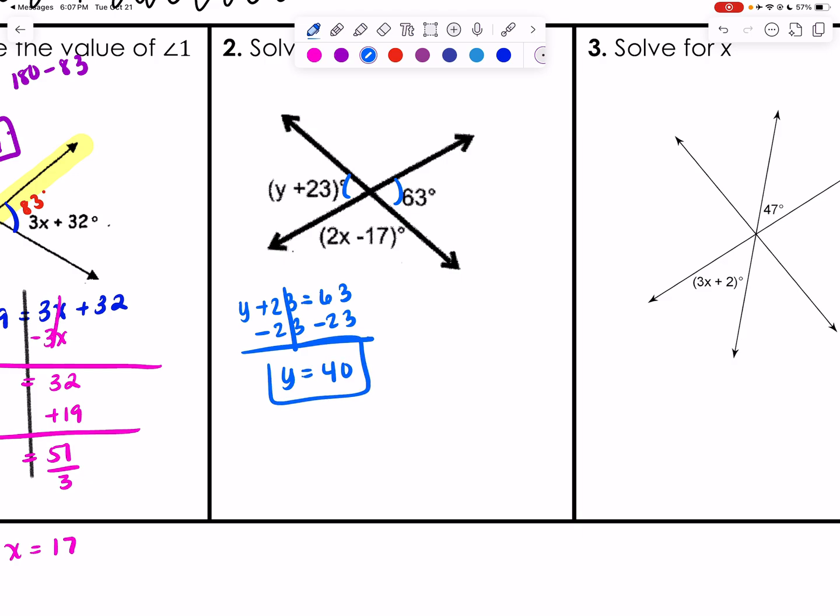Now, in the other part, I want to solve for x. What stands out to me is this one equal. So I can basically say that these two angles right here add up to 180 degrees. So I would do 2x minus 17 plus 63 equals 180.